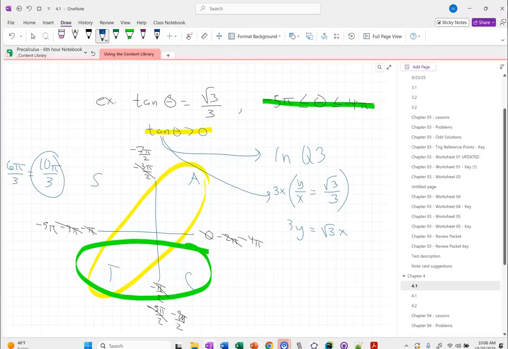Everybody's okay with that? And then let's pick either to get the x or y by itself. Sound good? My suggestion here would be to divide by the radical. In general, that'd be the easiest. So let's do that to get the x by itself.